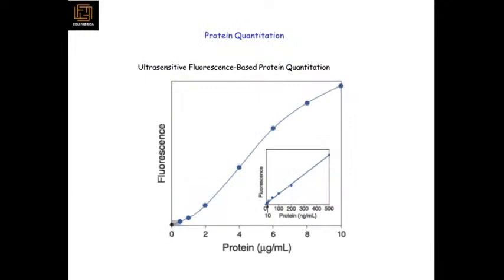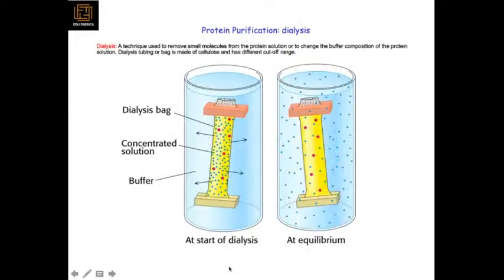Then you can have this range of fluorescence versus protein like this, and then you can check your results.